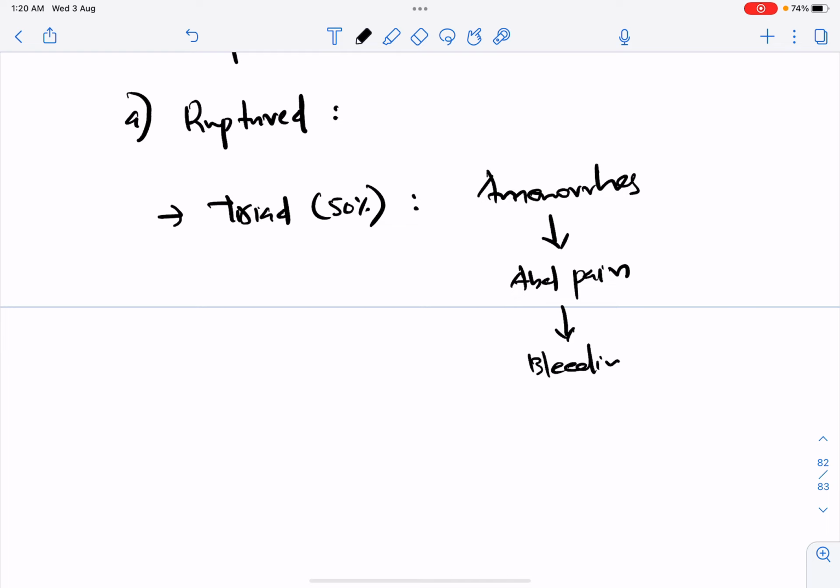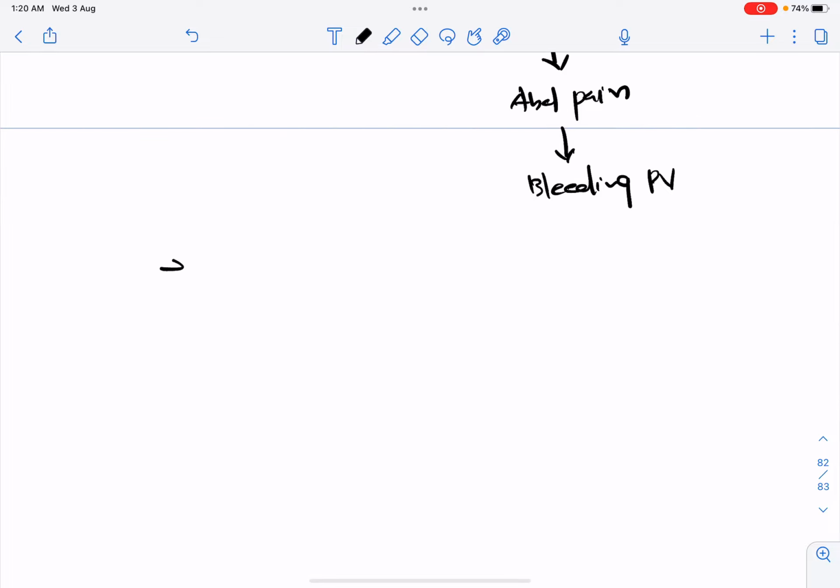This is the clinical triad seen in most patients with ruptured ectopic pregnancy. The other clinical features include the patient being in shock. So you have to manage the shock with IV fluids, bloods, send blood investigations, and prepare for emergency laparotomy. That is the treatment of choice.